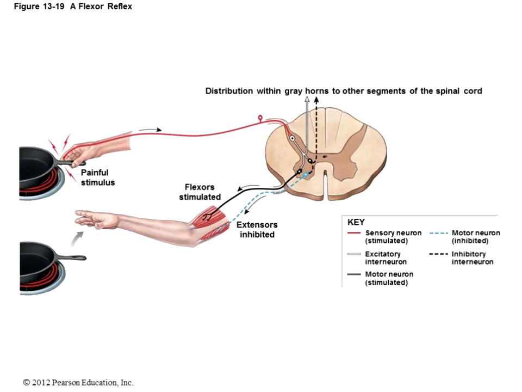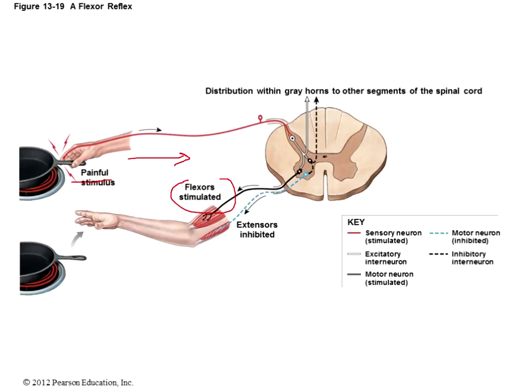As you see in this example, the flexor reflex, you have a painful stimulus that activates the sensory receptor and sends an impulse up to the spinal cord via the dorsal root. It hooks up with an interneuron that may send information up to the brain or other locations in the body, but also hooks up with a motor neuron to stimulate the flexor to contract and pull your hand away.